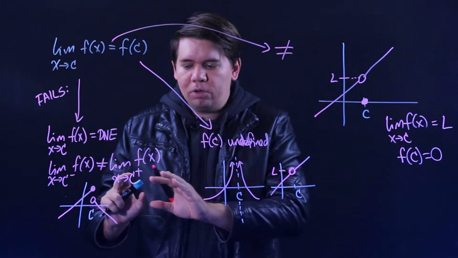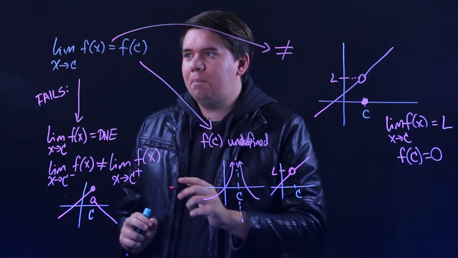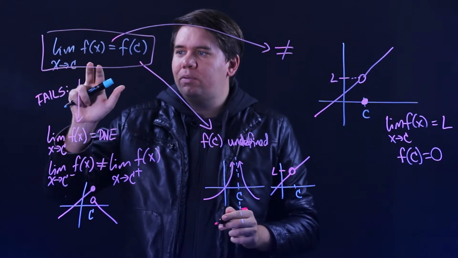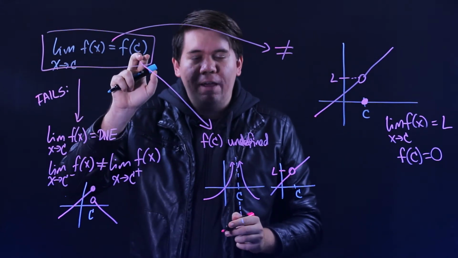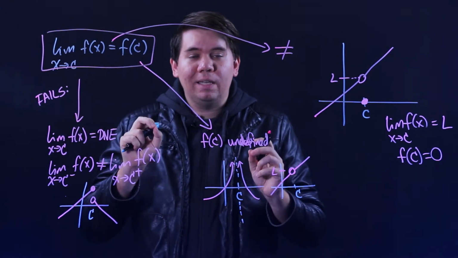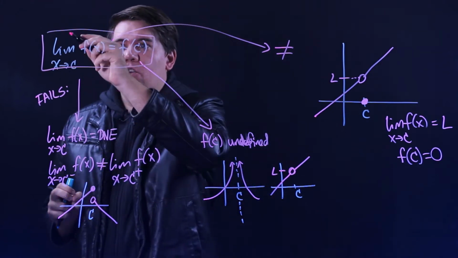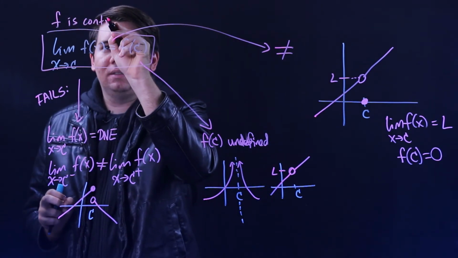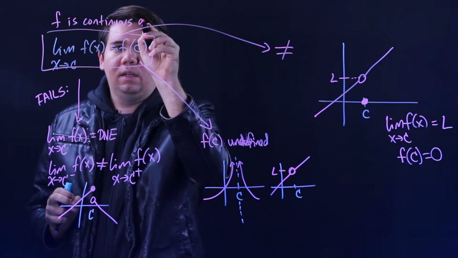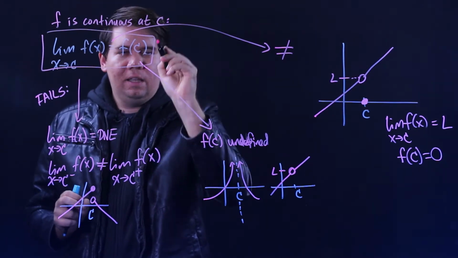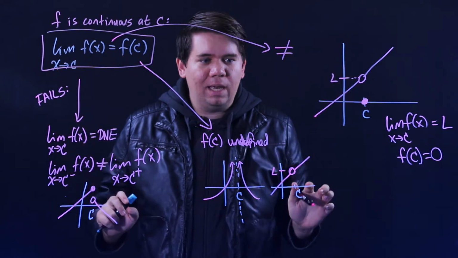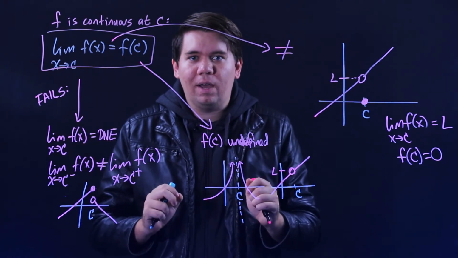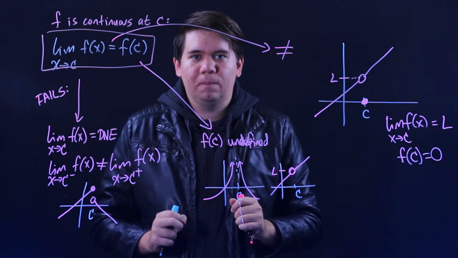And therefore, we say the places where the limit as x approaches c of f of x is just f of c, we'll call those places where the graph is continuous. We'll say that f is continuous at c. None of these bad behaviors are taking place. There are no holes, there are no jumps, there are no asymptotes that you have to worry about.